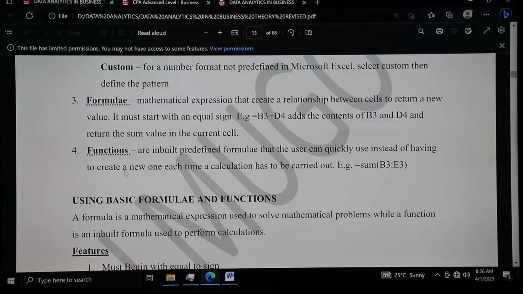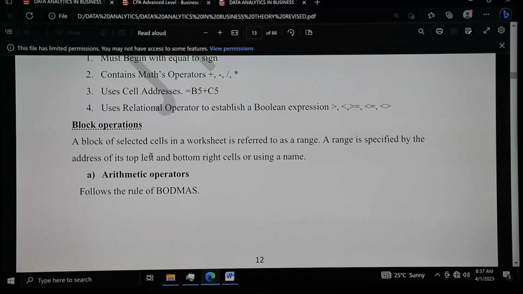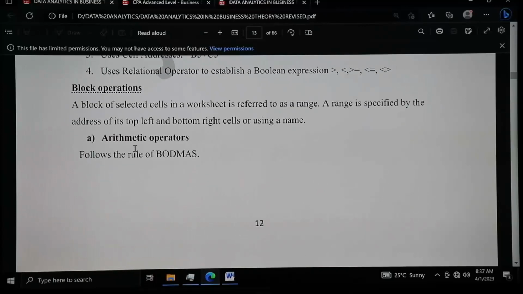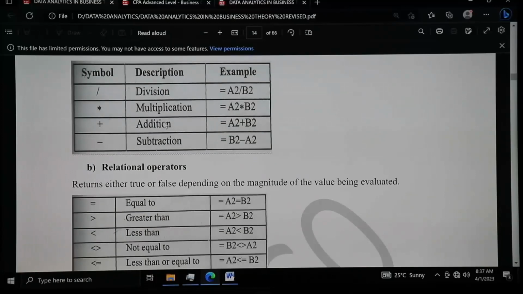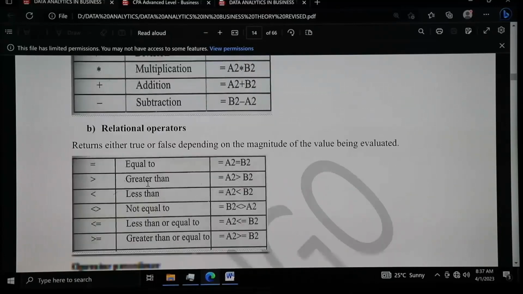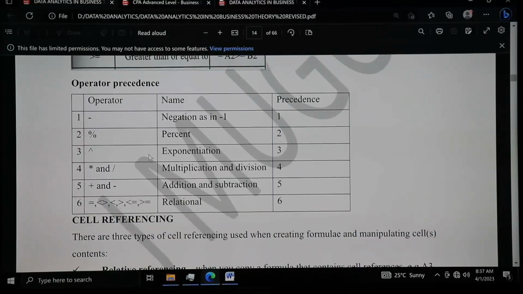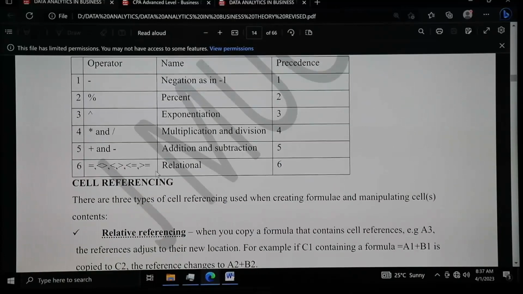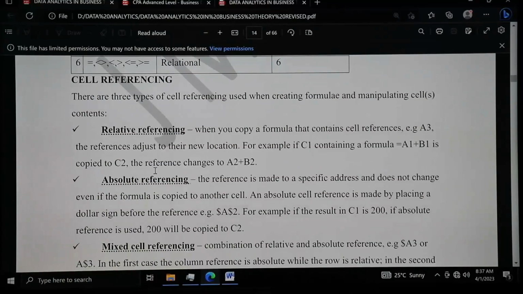The functions are inbuilt formulas, where Excel has so many functions used to perform arithmetic operations. They use these symbols: the arithmetic symbols, the relational symbols, and other operators like percentage and so on. For referencing, we discussed relative and absolute referencing.